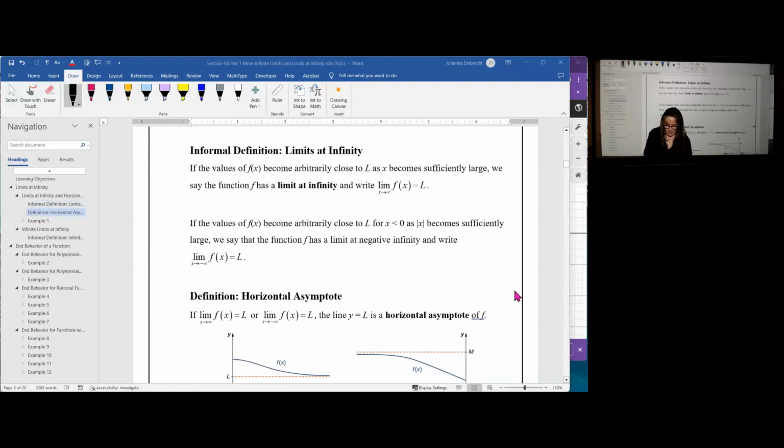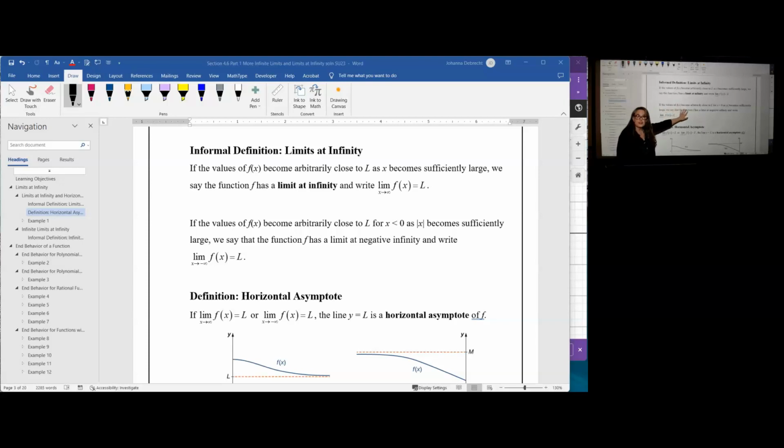Let's talk about the informal definition for a limit at infinity. We say that if the function becomes arbitrarily close to L as x becomes sufficiently large, yes, what does sufficiently mean? We'll have to make that more precise later. Then we say the function has a limit at infinity, and we write it like this. We have a similar definition as x goes to negative infinity.